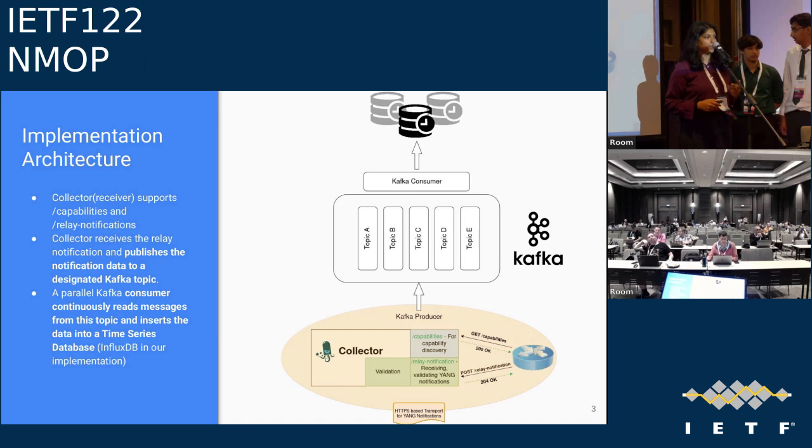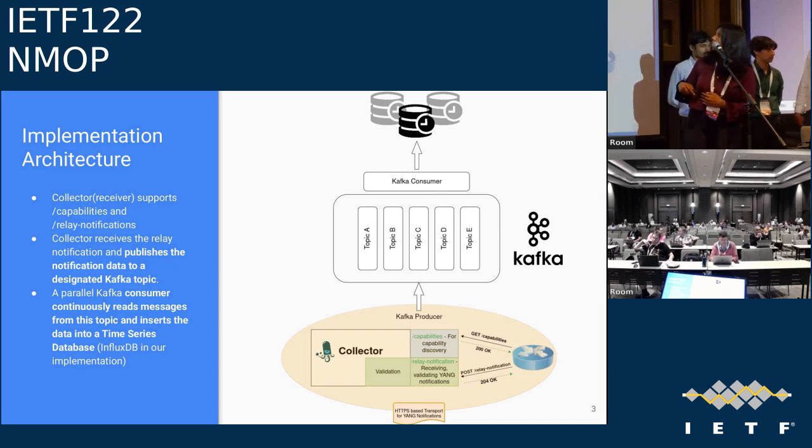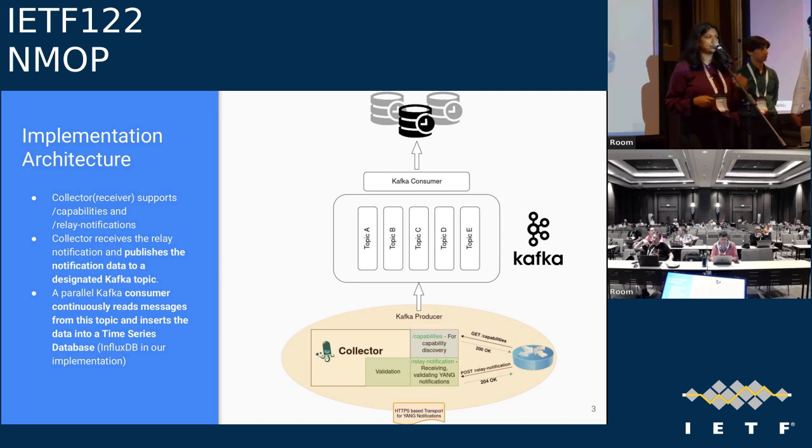Once the relay notifications are received by the collector, it sends them to a Kafka topic in the Kafka broker. Then a Kafka consumer runs in parallel, consumes data from these topics, and pushes it into the TSDB. We've used InfluxDB as our TSDB.